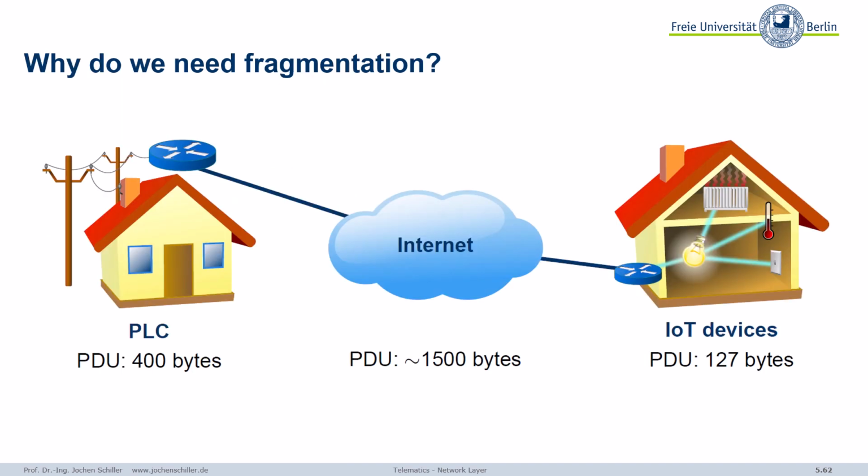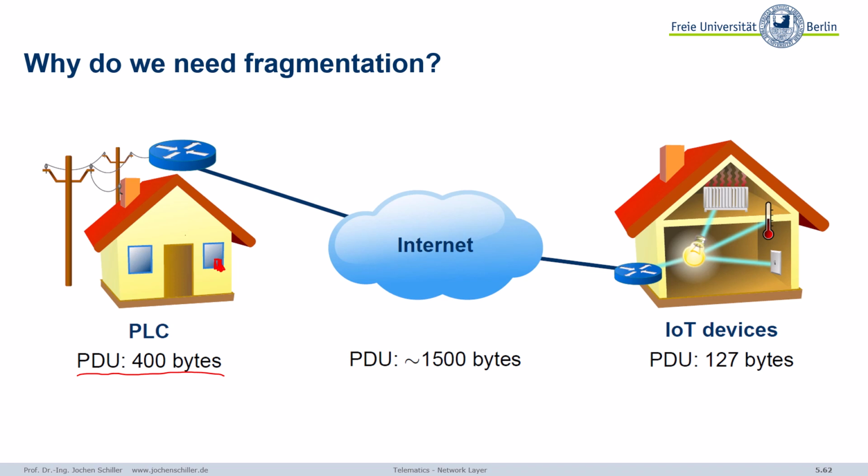Look at the setting. Maybe you try to send a packet from here, your computer at home, and you're connected to the internet via PLC, power line communications. So power line, internet via the power grid. There you have certain maximum packet sizes, for example, 400 bytes.